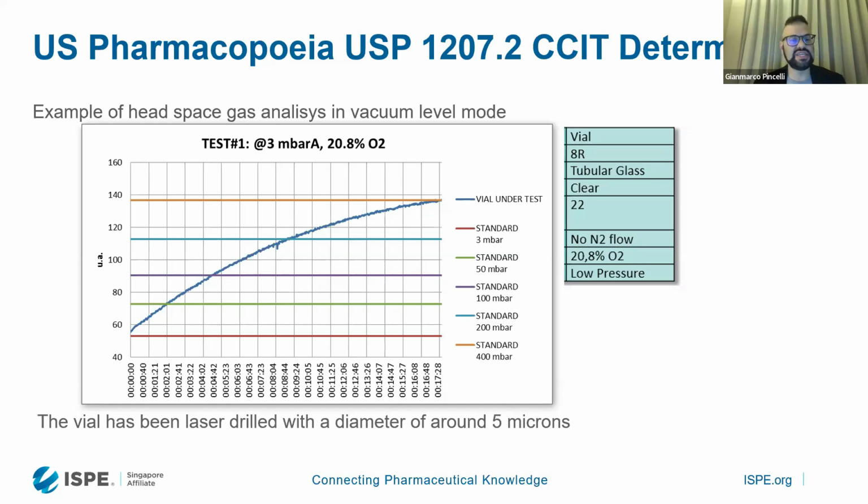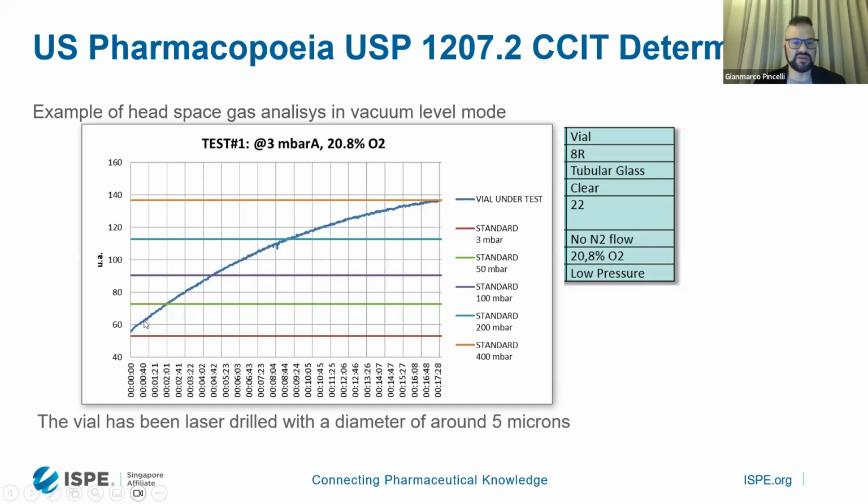Okay, so you can see that in this vial we generated 3 absolute millibar inside of the vial. You can see the match with the standard. So we made, first of all, 5 standards, one at 3 millibar, one at 50 millibar, one at 100 millibar, 200 millibar, and 400 millibar. And this vial was passed on the machine to see the result.